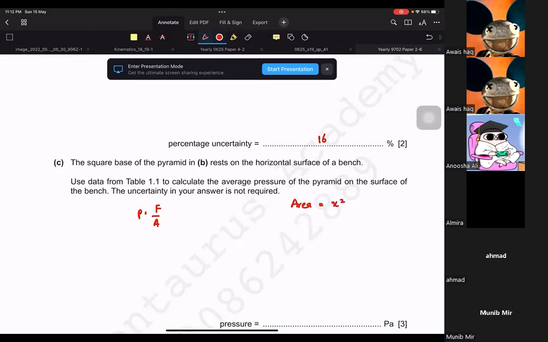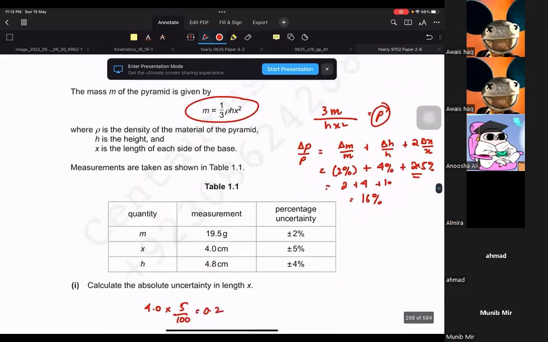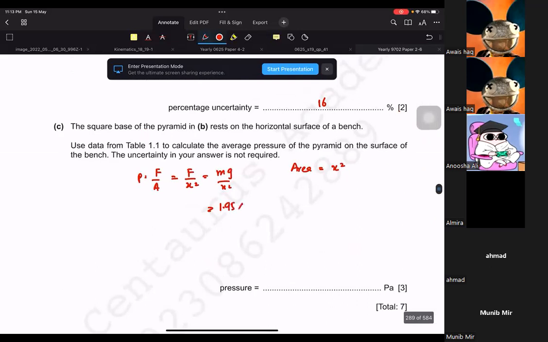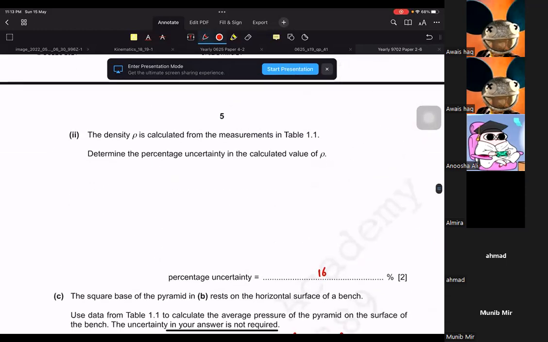So F over x squared. Now the problem is we have weight, mg over x squared. Mass is 19.5 grams, so 19.5 times 10 raised to minus 3, because I changed it to kg, times 9.81 divided by x squared. Do we have x?